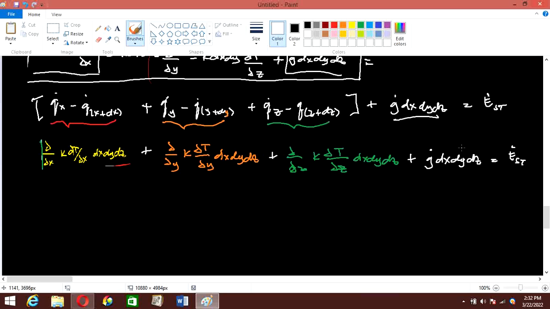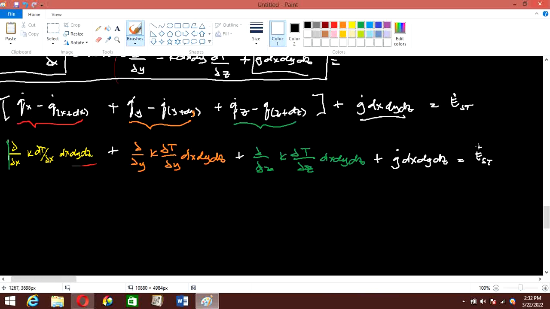So we've almost done. We're only left with the last term. Okay? So recall that we can also express this energy stored in terms of the formula m, the summation of m c delta T, right?